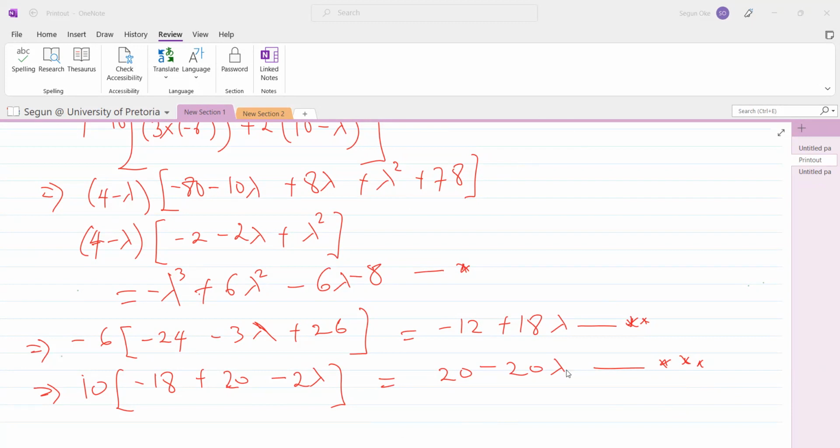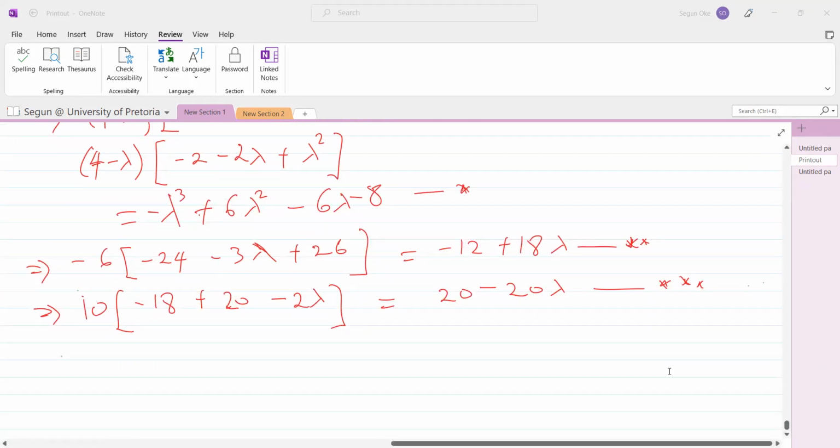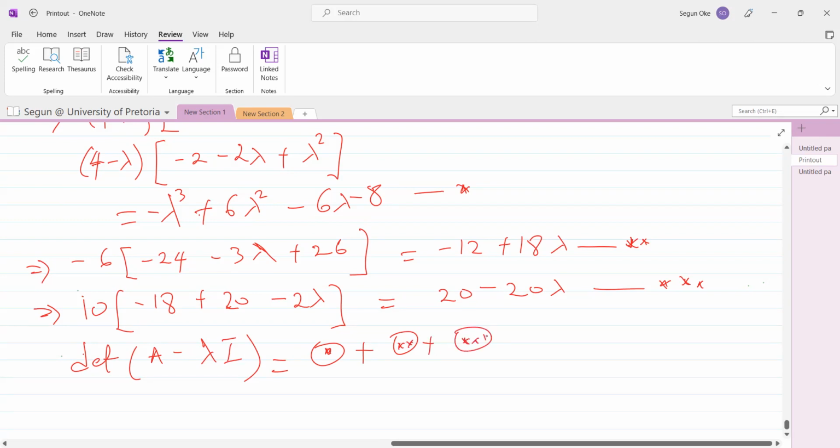You're welcome. Okay, so we can now add all the stars together. Our determinant of A minus lambda I is the same thing as star plus star star plus star star star. Any question?